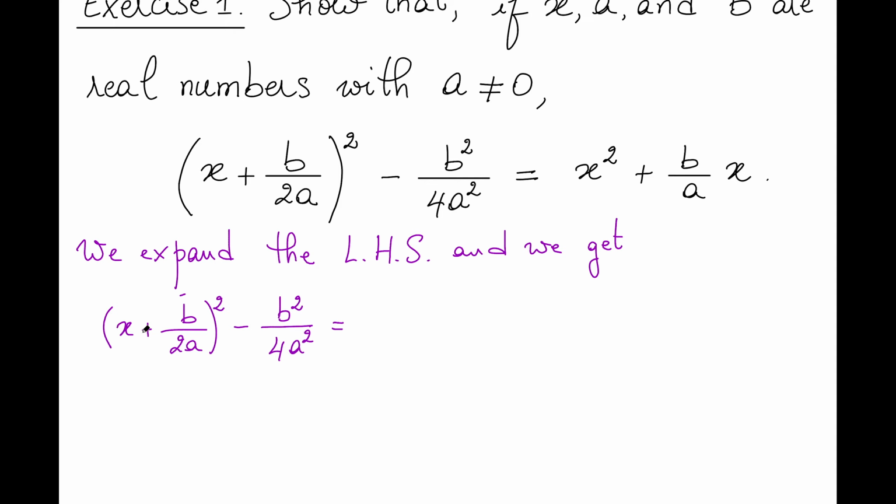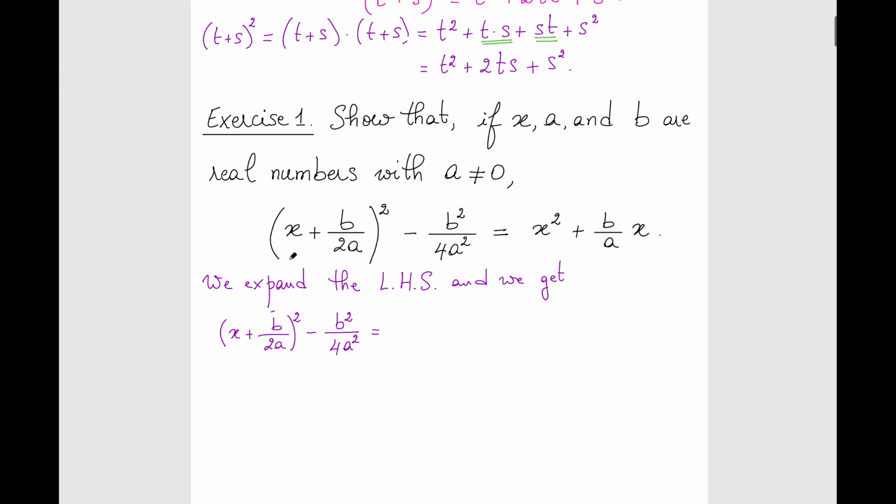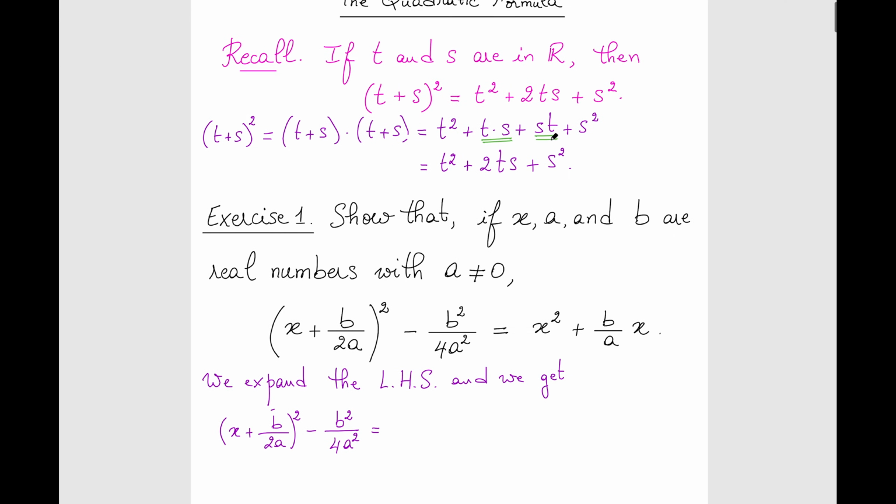Well, either you do it again, but we just did it previously, or we just recalled it, let's say. I'm going to use that property that I just did before for this expression, where t is x and s is b over 2a.